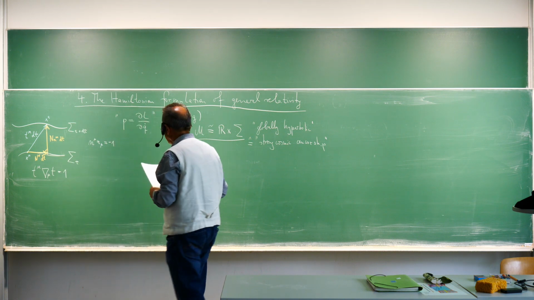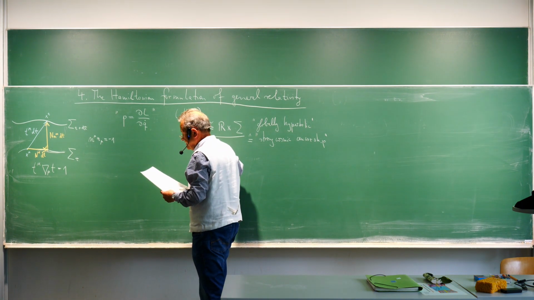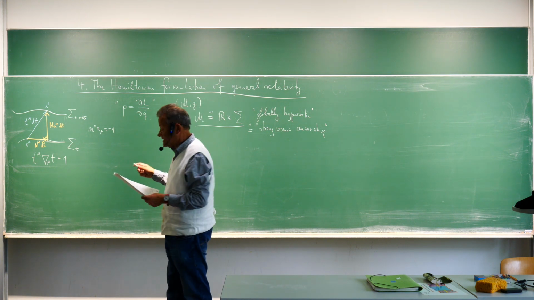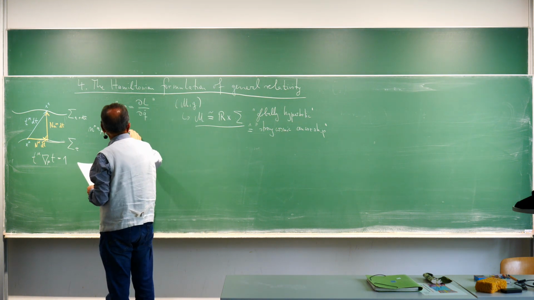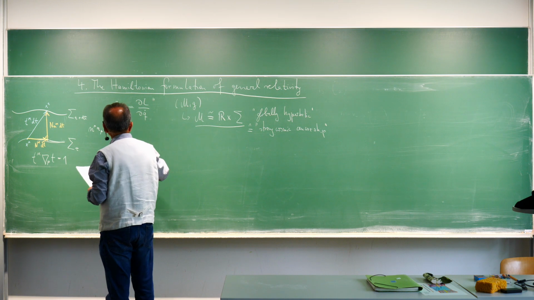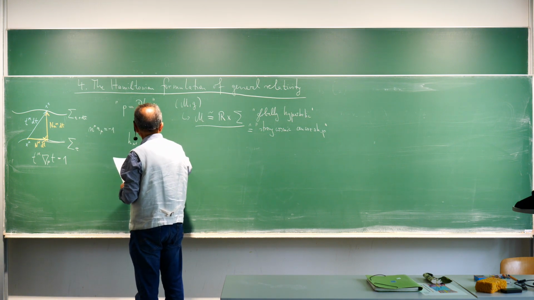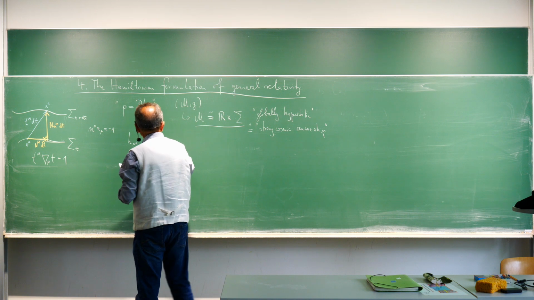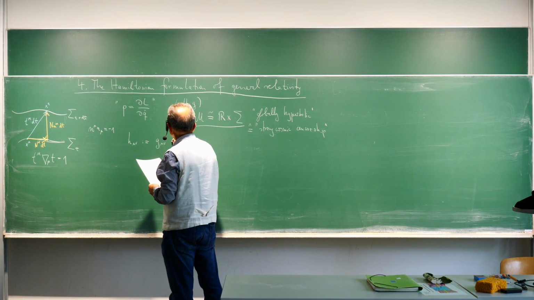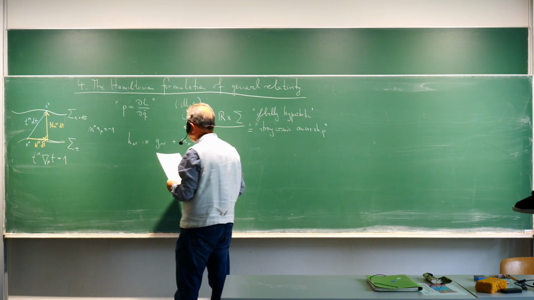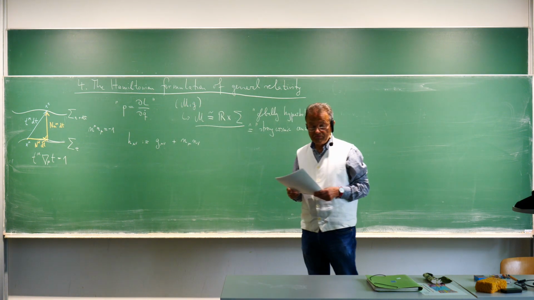Now let's define a quantity that we identify as a three-dimensional metric. First, it has four-dimensional indices, but it will have the properties of a projector. If we define this as the space-time metric g_{mu nu} plus n_mu n_nu, then this defines a three-dimensional metric.